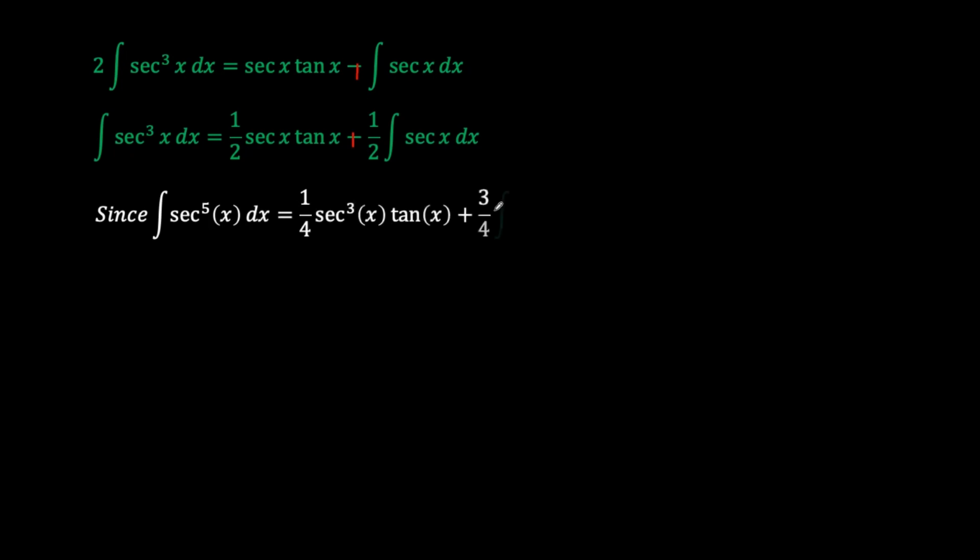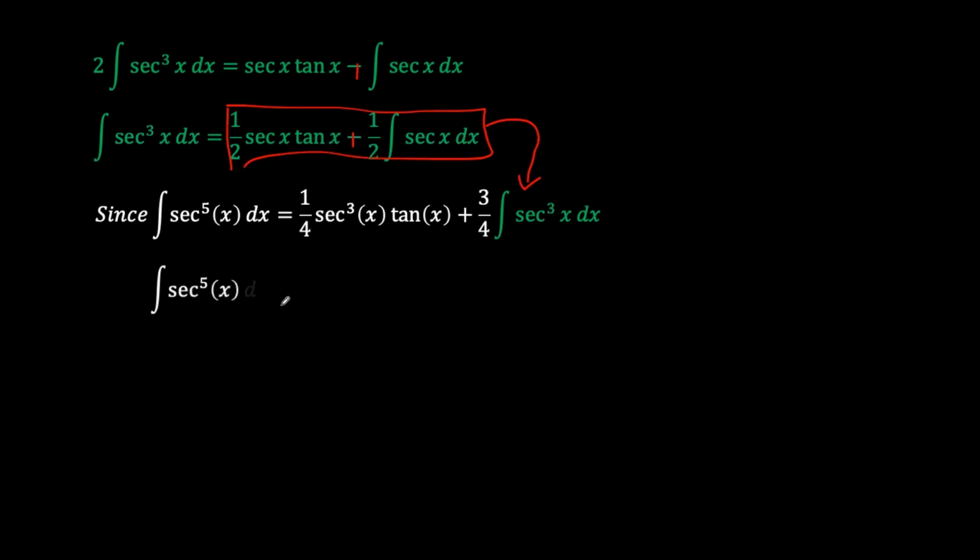Now, since we know that the integral of sec to the power 5x is equal to a quarter sec cube x tan x plus 3/4 the integral of sec cube x, we can now plug everything here into what we have here, the green, right?